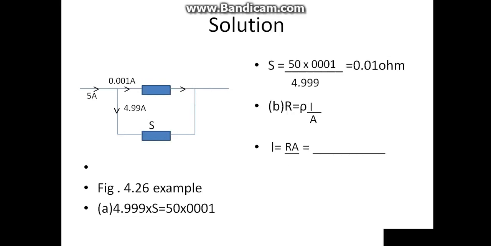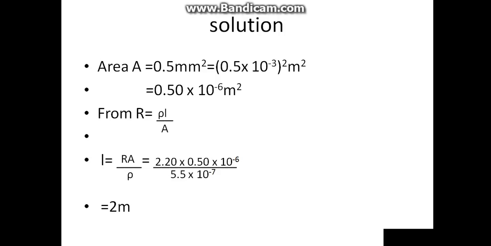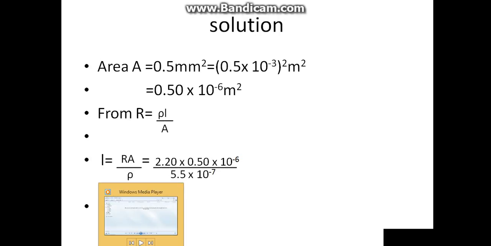Example 4. An electric heating element made from nichrome wire of cross-sectional area 0.5 mm squared. Area capital A is equal to 0.5 mm squared, which equals 0.5 times 10 raised to power minus 6 meter squared.